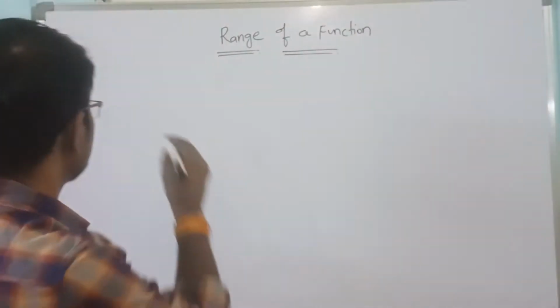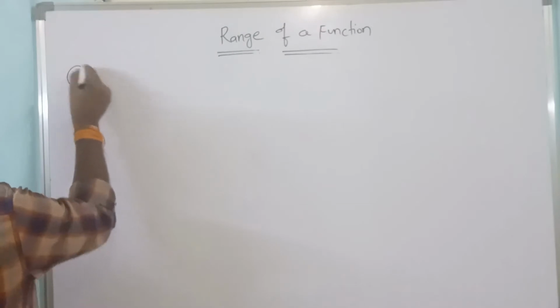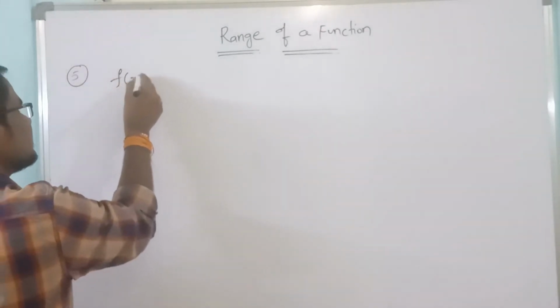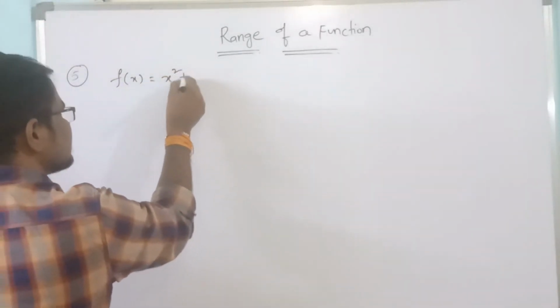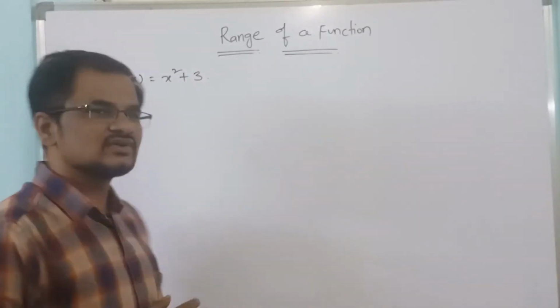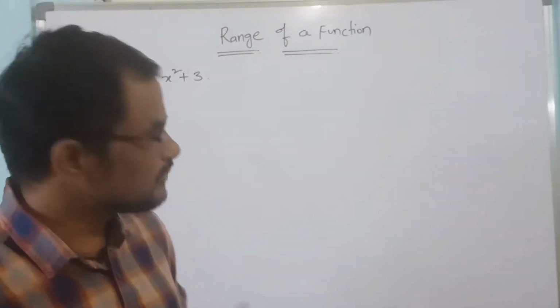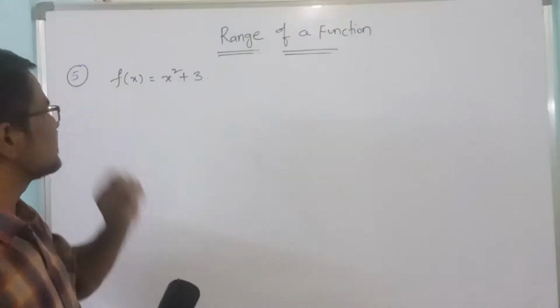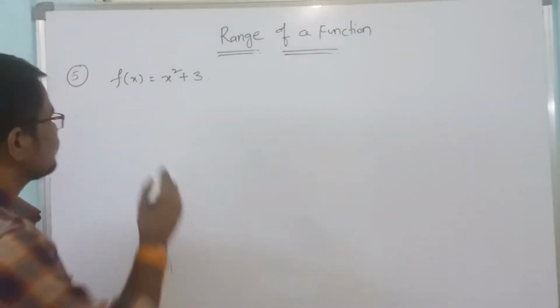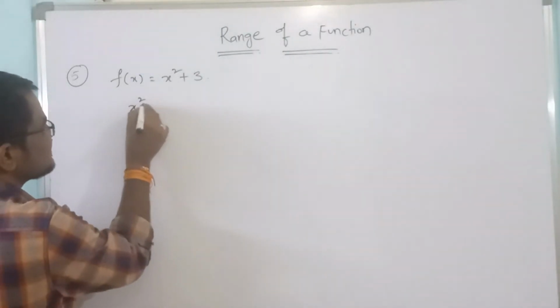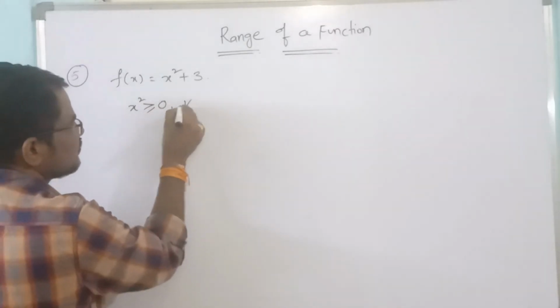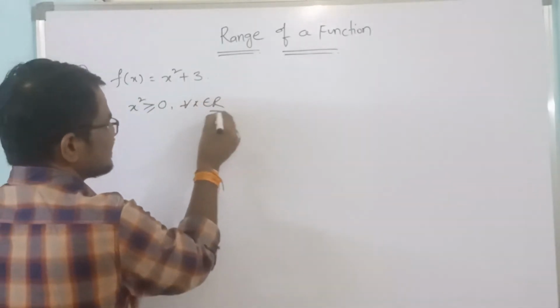Next, fifth problem. See here. Suppose the function is a quadratic expression like this: f of x equal to x square plus 3. How to find the range of this function? We know that x square is greater than or equal to 0 for all x belongs to real numbers.